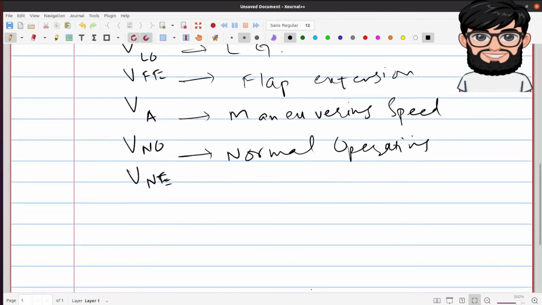VNE is the never exceed speed. You should always keep an eye on that one. Never exceed speed. In any circumstances, the airplane airspeed should never exceed that speed limit.